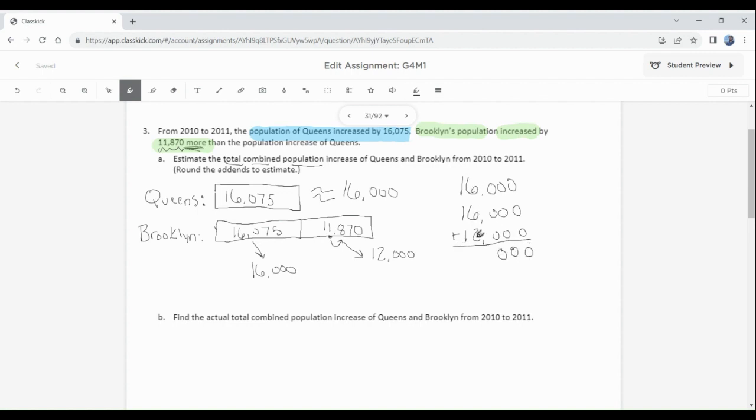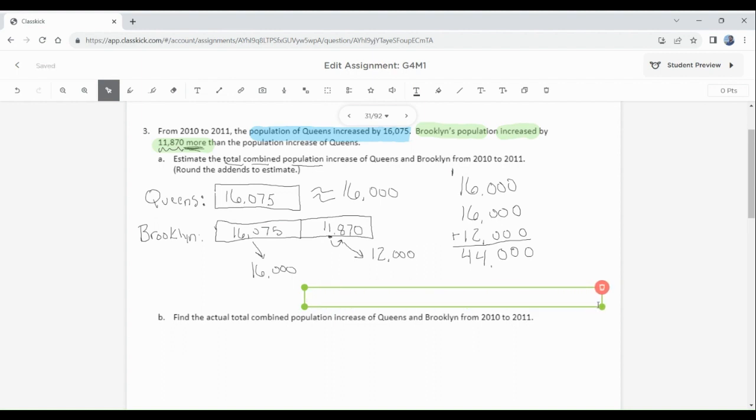6 plus 6 is 12. Plus 2 is 14. Bring down the 4. Carry the 1. 1 plus 1 plus 1 plus 1 is 4 to make 44,000. So we could say, going to need more space than that.